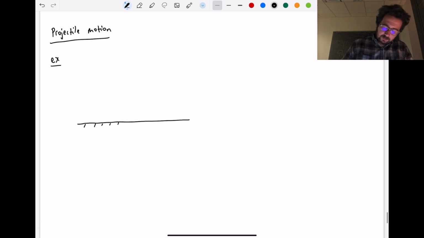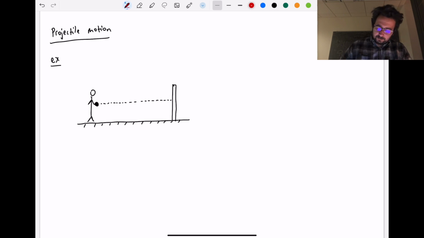Suppose this is the ground level and we are shooting a crossbow, and here is our target, and we are aiming horizontally and we send it with some initial speed like this.